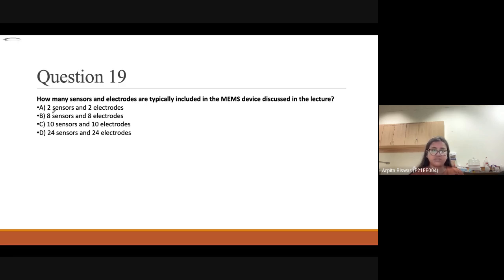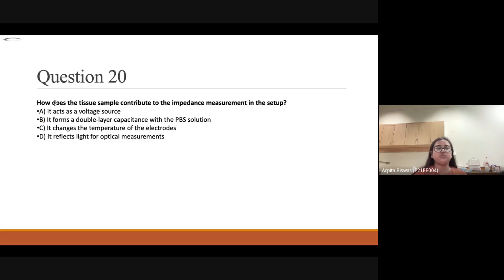So what is the right answer? The right option is option B, 8 sensors and 8 electrodes. Okay. So next, move toward question number 20. How does the tissue sample contribute to the impedance measurement in the setup?